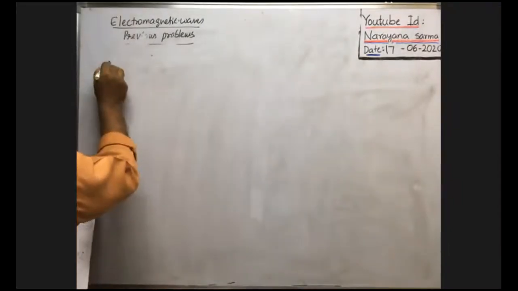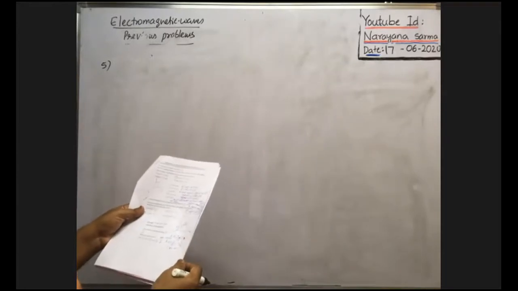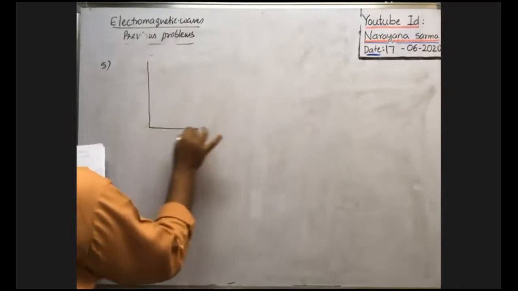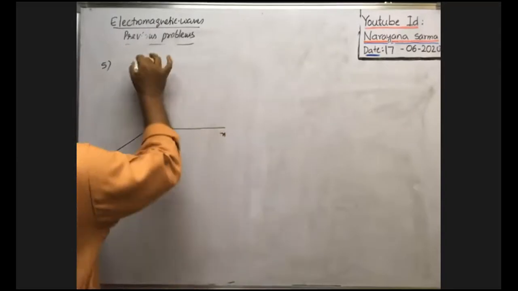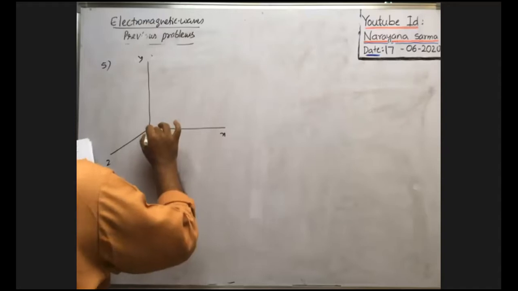Here it is x-axis, y-axis, z-axis. I cap plus j cap means it lies in the xy plane.